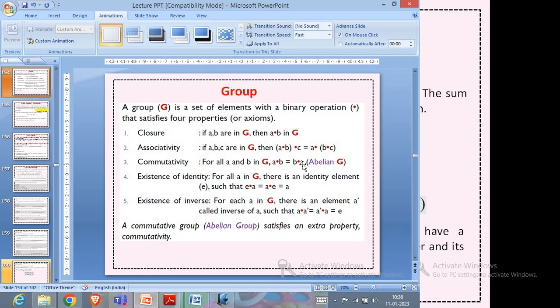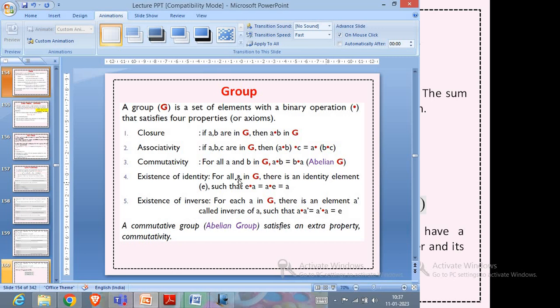The identity matrix, if it gets multiplied with a matrix, gives the same matrix. The same concept applies over here. So please make a note of this nomenclature. For any element A belonging to G, there exists an identity element which will make EA equal to AE equal to A.